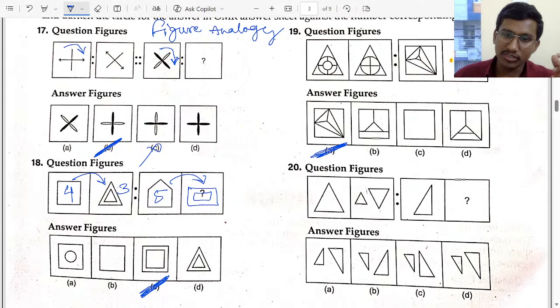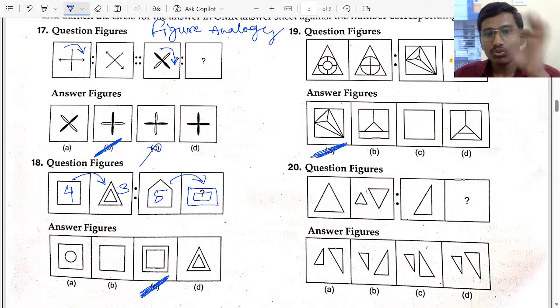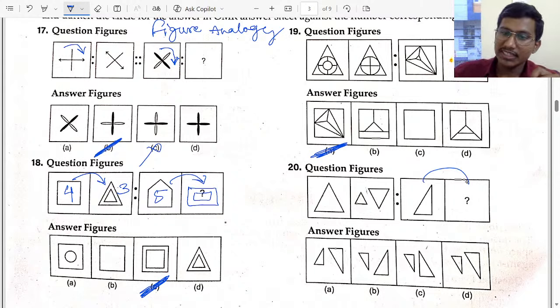Now 20th question. Here if you see, one triangle is there inverted and then there is a small triangle here. So what is happening? This will get inverted, right? And then the same smaller one will come and it will get inverted, so this is how it will look.